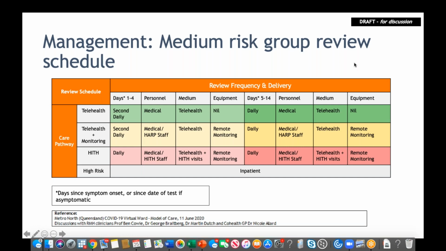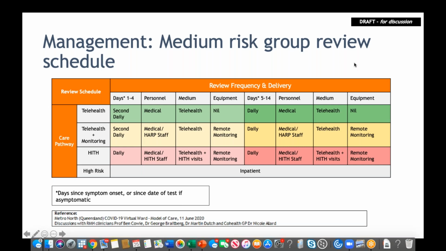Coupled with that, we are using remote monitoring in the form of SATS probes, measuring oxygen saturations both at rest and with exertion, and also getting heart rate and temperature where available, and coupling that with a structured interview.